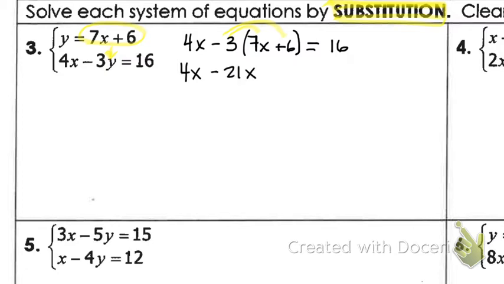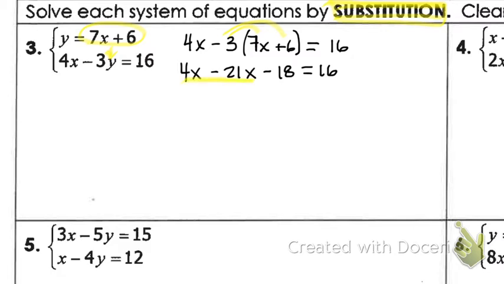Minus 18. Good. Negative 21x minus 18, and then still equals 16. And now do we have like terms? Indeed.